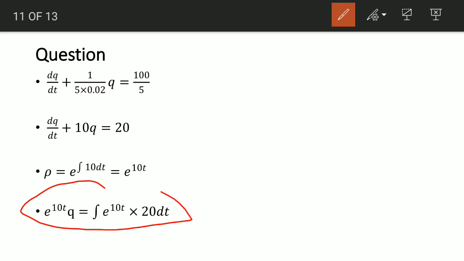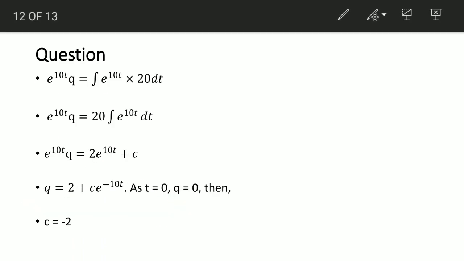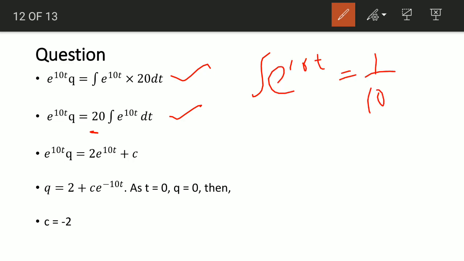Now, as we continue, this leads us to this. 20 can be brought out as a constant. Then you have exponential 10t. We know that the integral of exponential 10t should be 1 over 10 exponential 10t. Now, if that multiplies by 20, that will give us 2.